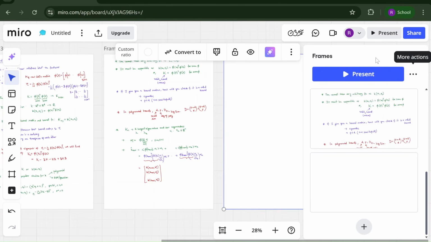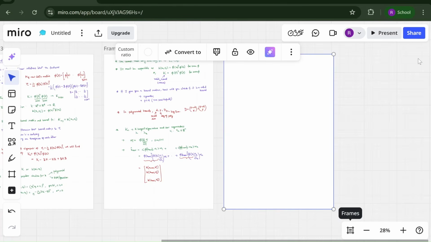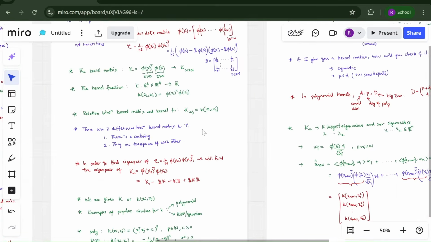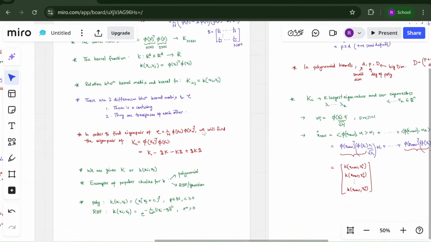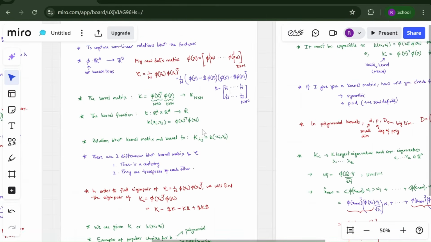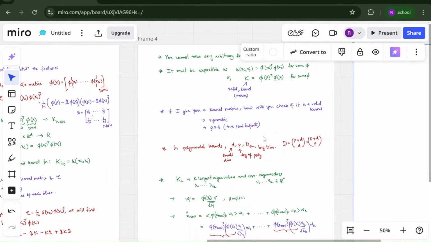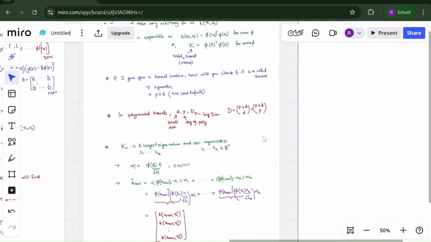I have seen that not many questions come from this part, so I'm not going into it. Most questions come from these parts: kernel validity, centering the kernel. These are the two important parts, and the polynomial kernel's formula.